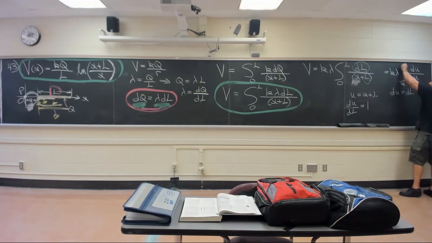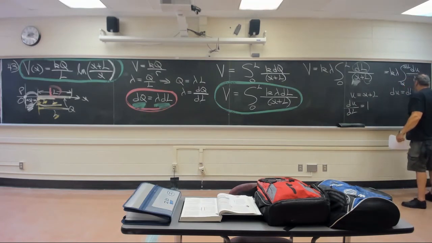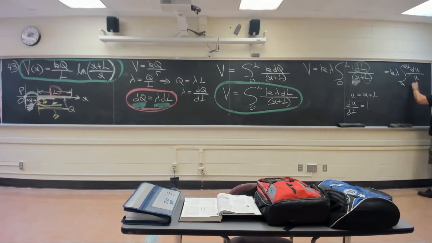And this is x plus L. It's really what's going on. Once you get to there, you get ln u evaluated between x plus L and x.